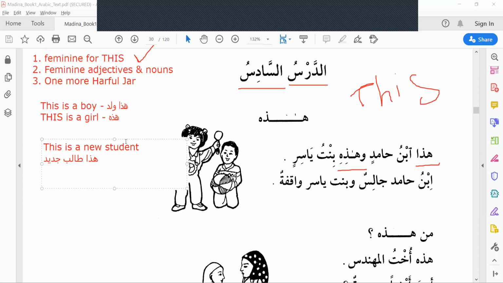Let's say you want to point, this is a new student. New student, by default, is a boy student.